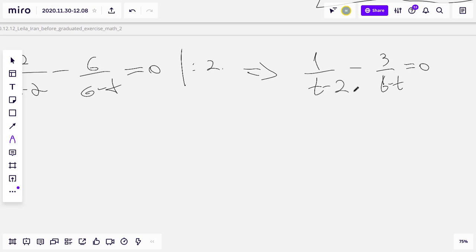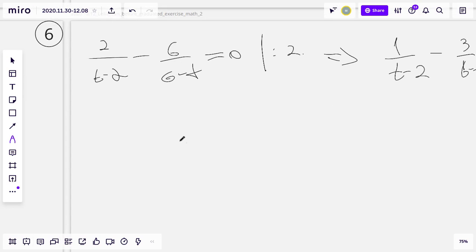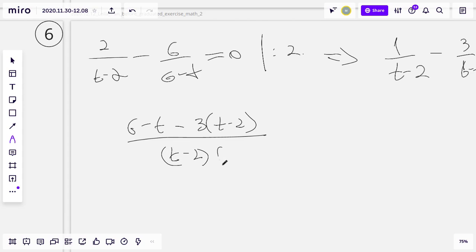The common denominator equals the multiplication of these denominators: this one and this one. (6 minus t) multiplied by (t minus 2), divided by that, equals 0.